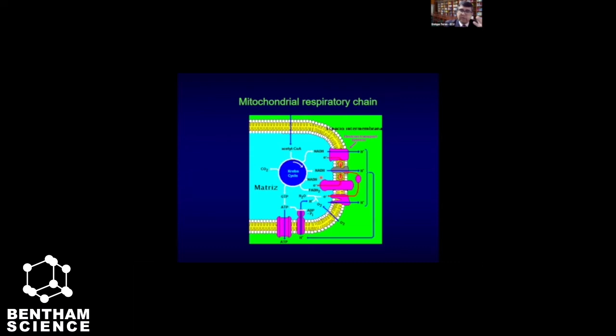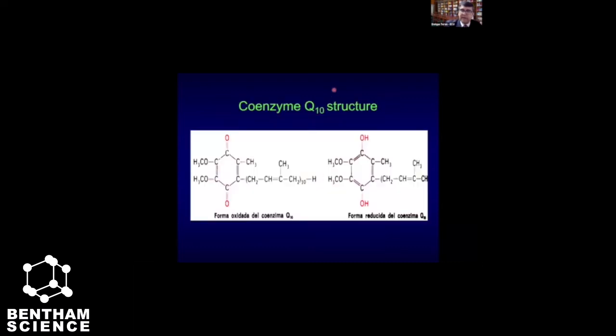Ubiquinone in humans has a chain of 10 carbons. Ubiquinone in humans is coenzyme Q10, and that coenzyme Q10 has 2 stages. Therefore, it can be oxidized and it can be reduced, and depending on the number of electrons, it changes from one state to the other.